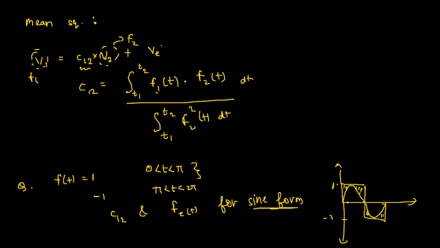So what we are trying to find out is how large these parts are. So we are trying to find C12, the variable that relates this rectangular function with the sine waveform.